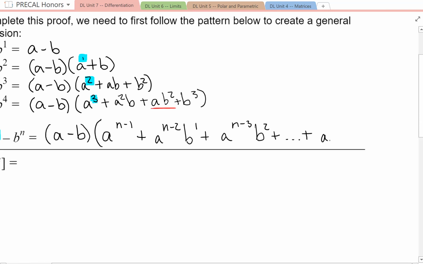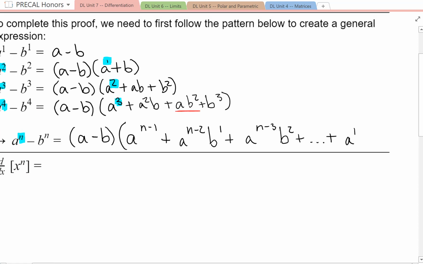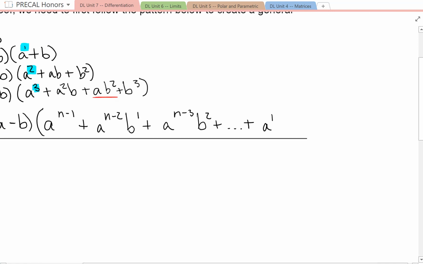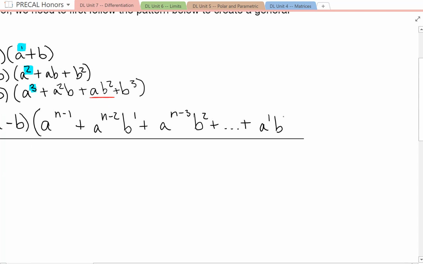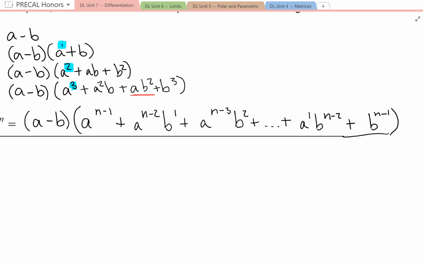A is to the power of 1, and then b is to the power of n minus 2, which is 2 less than the original, plus our final term, which is b to the power of n minus 1.